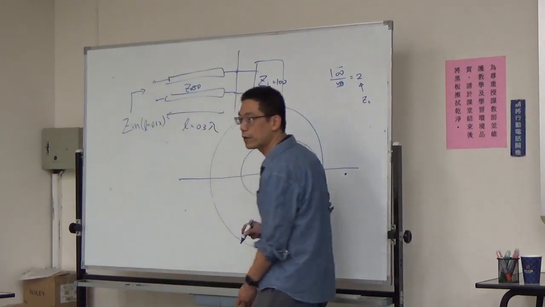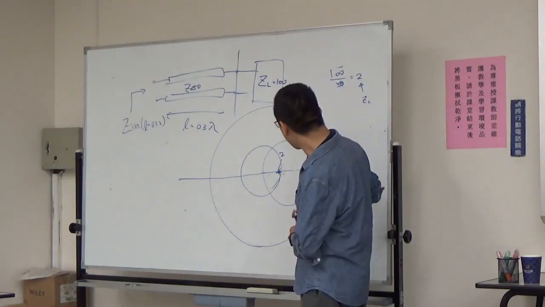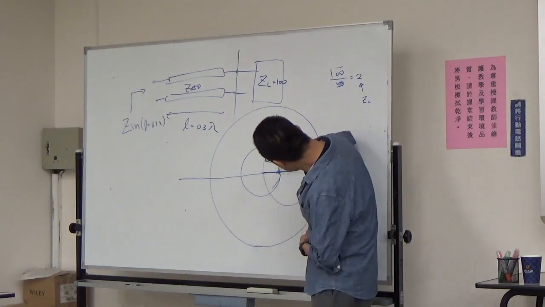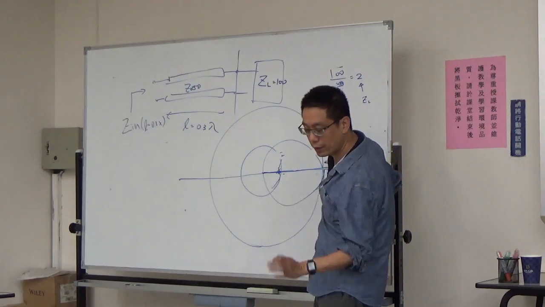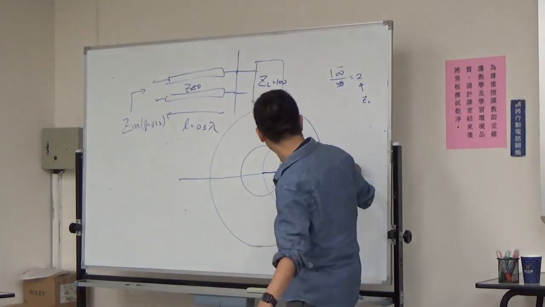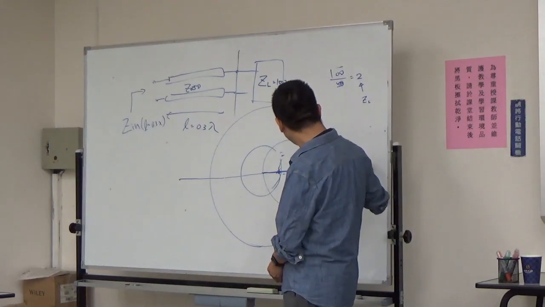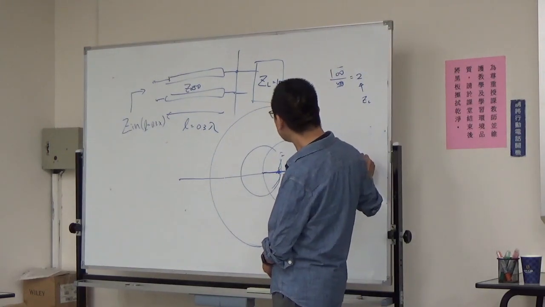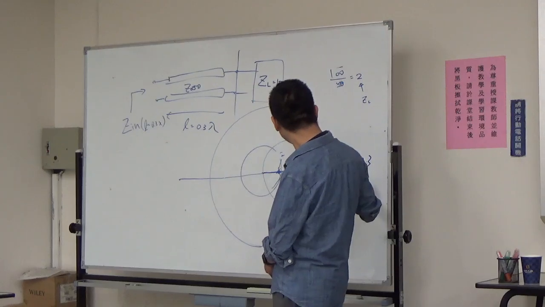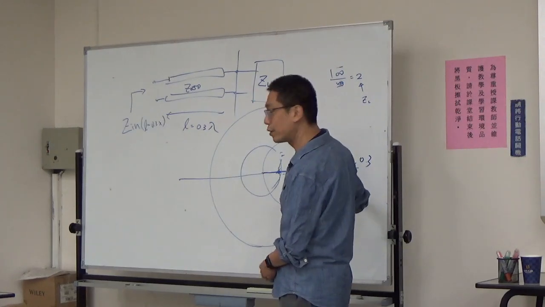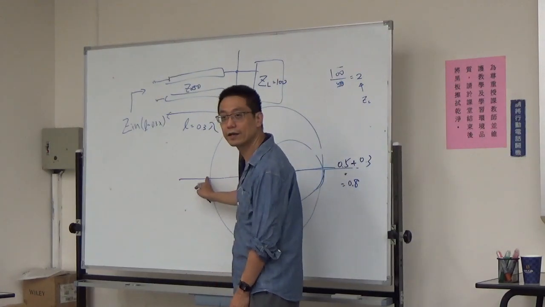Where is 0.3 lambda? You find here, you can see the location. What's that? 0.5, right? If you add 0.5 to 0.3, you can get 0.8, right? But you don't read 0.8 here.